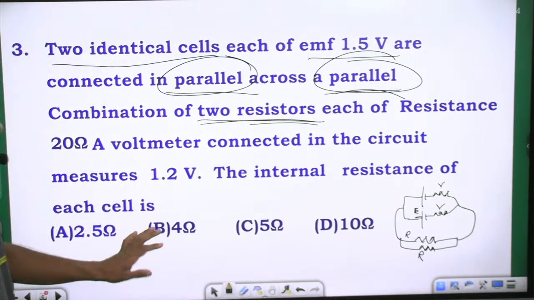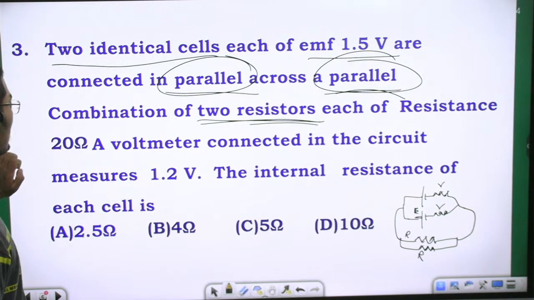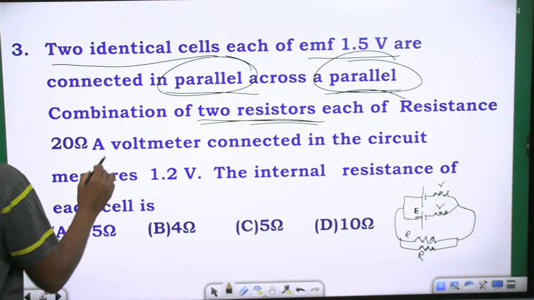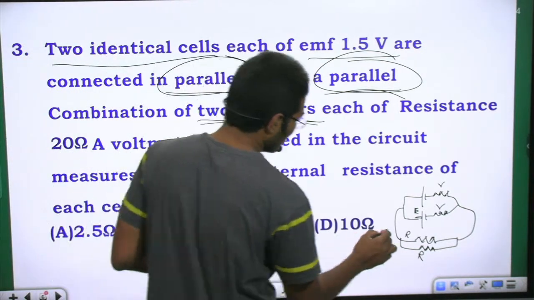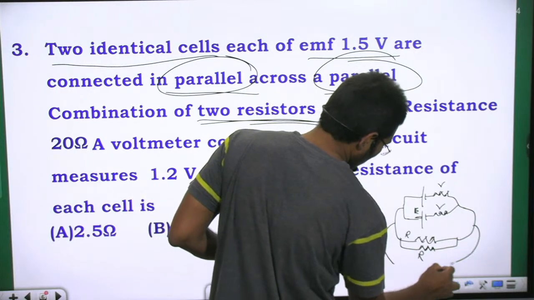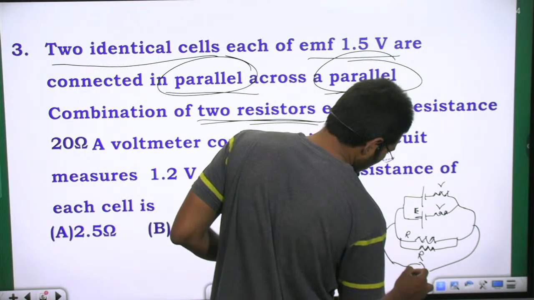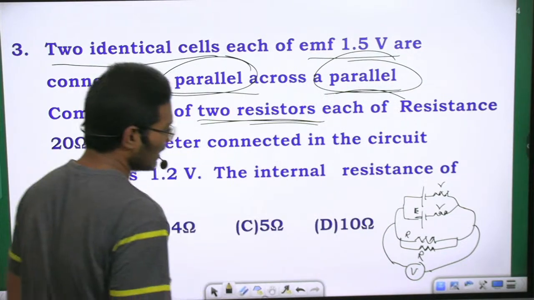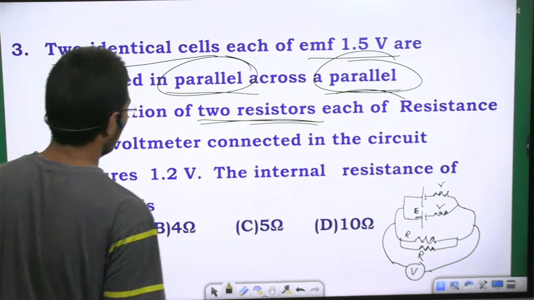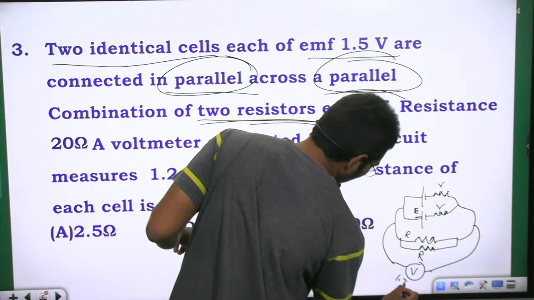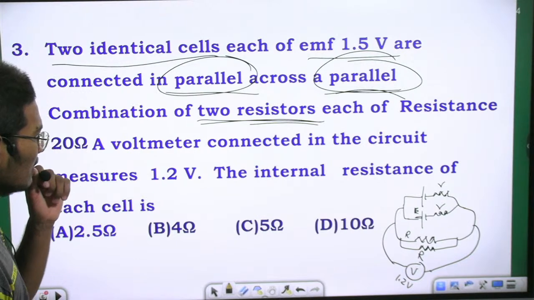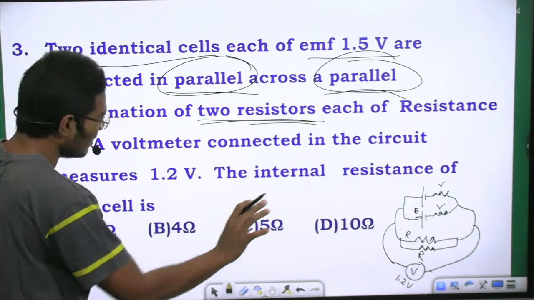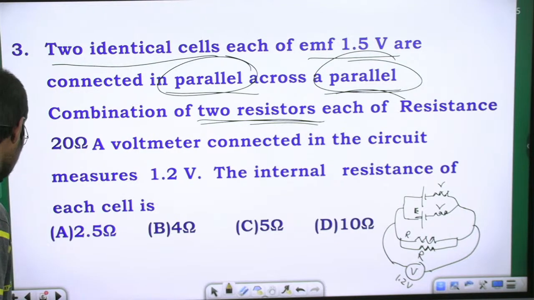So this is what is being asked, this is what is given. Here it is said that a voltmeter is connected in the circuit and measures 1.2 volts. So the voltmeter is connected in parallel. This is the only point where we can connect the voltmeter and it shows a reading of 1.2 volts. So the potential difference across the parallel resistors and parallel cells is 1.2 volts. If you try to write the equivalent of the circuit, it looks like this.